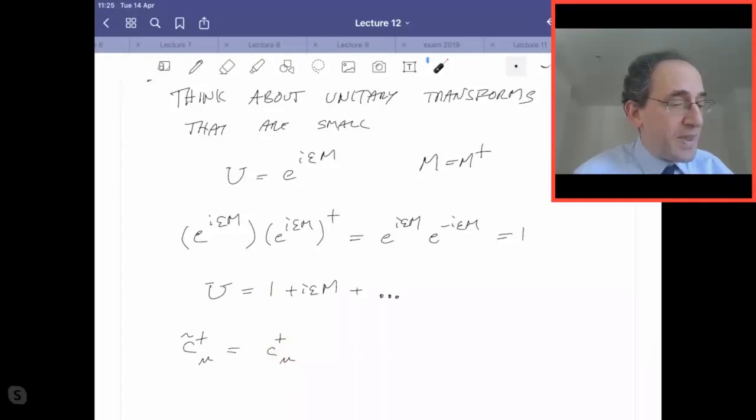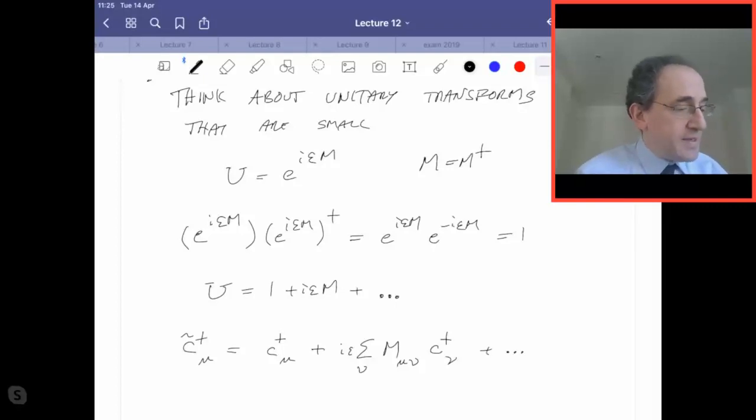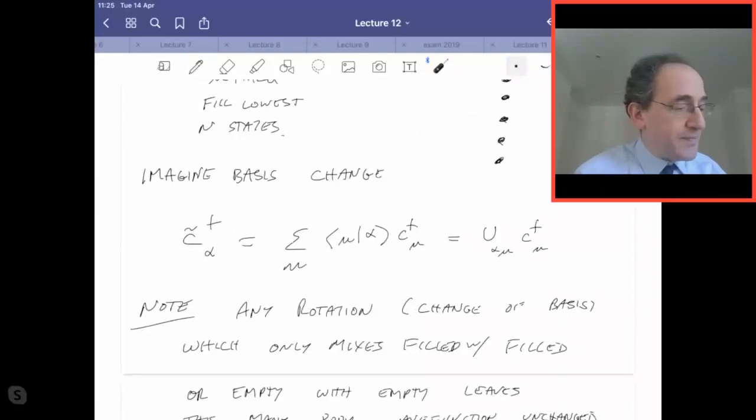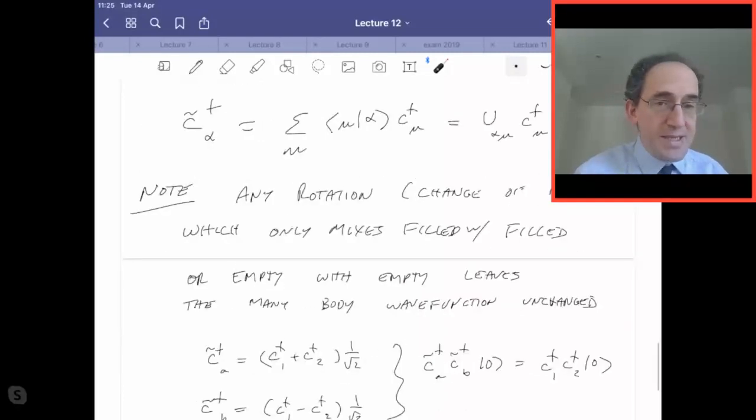That's the first term. And the subleading term is i epsilon, sum over nu, m mu nu times c dagger nu, and then plus higher order terms. Okay, this is a matrix, this is a matrix, and I am applying this equation here. The c dagger in the twiddle basis is the unitary matrix times c dagger in the non-twiddle basis.